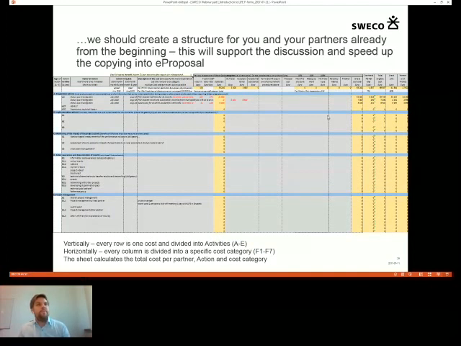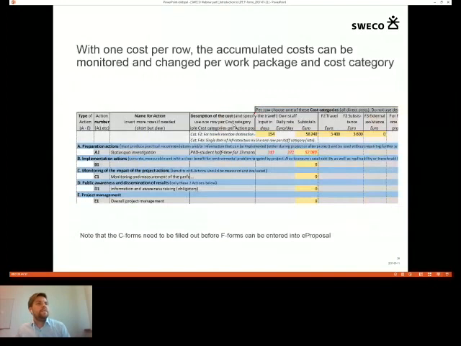And you can also see how much you will be able to get in the grant from LIFE and so on. So something very simple can significantly simplify both the discussion between the partners and later on the procedure when you want to enter all the information into eProposal, if you don't enter it here from the beginning.